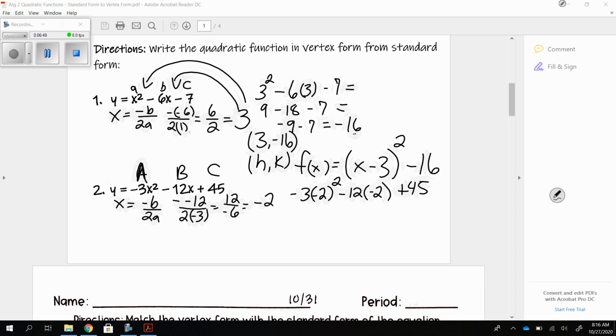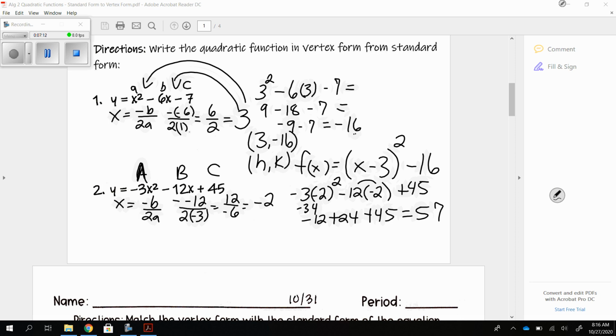We do that first. Negative 3 times 4 is negative 12. Negative 12 plus 24, because negative 12 times negative 2 is a positive 24. And then all that plus 45, you put that in your calculator, you get 57.